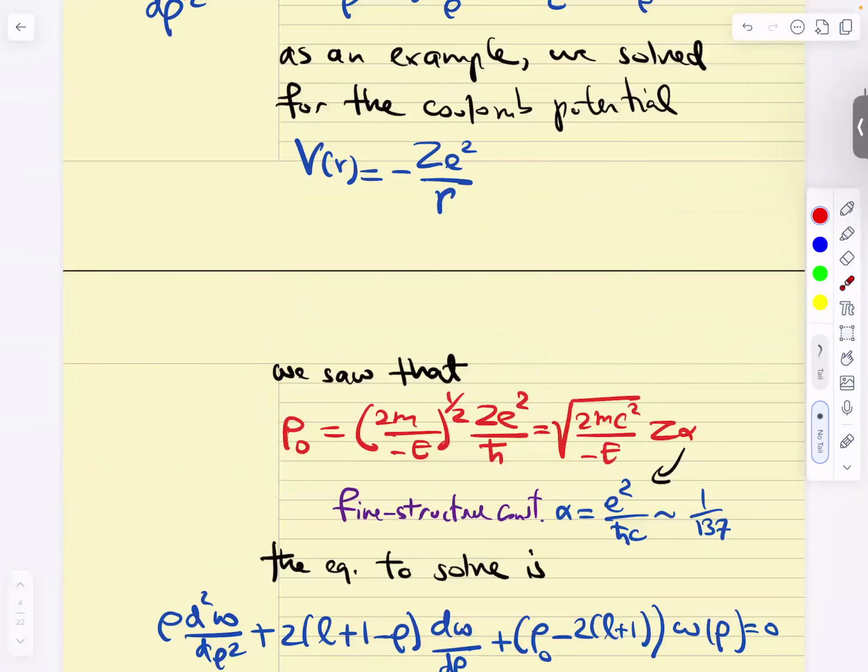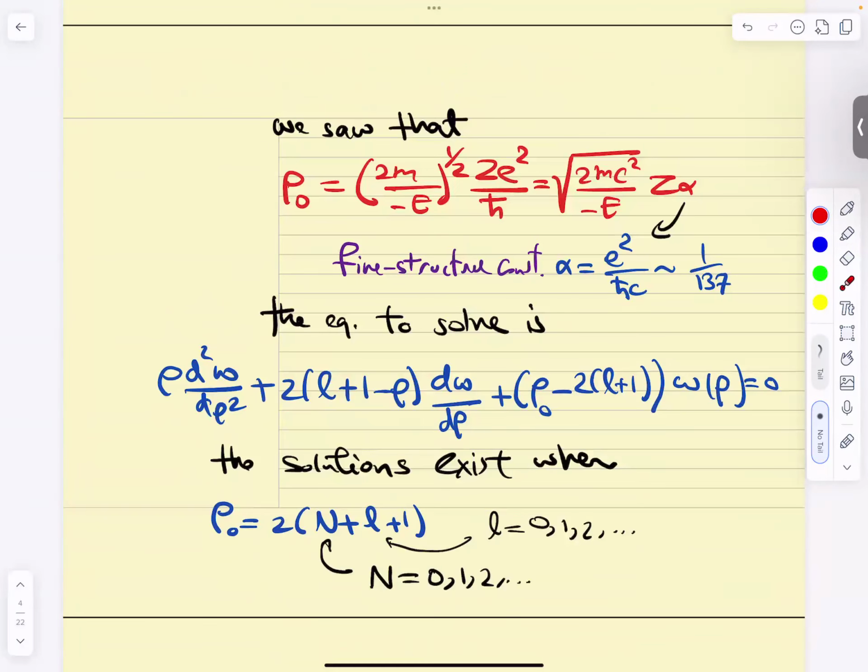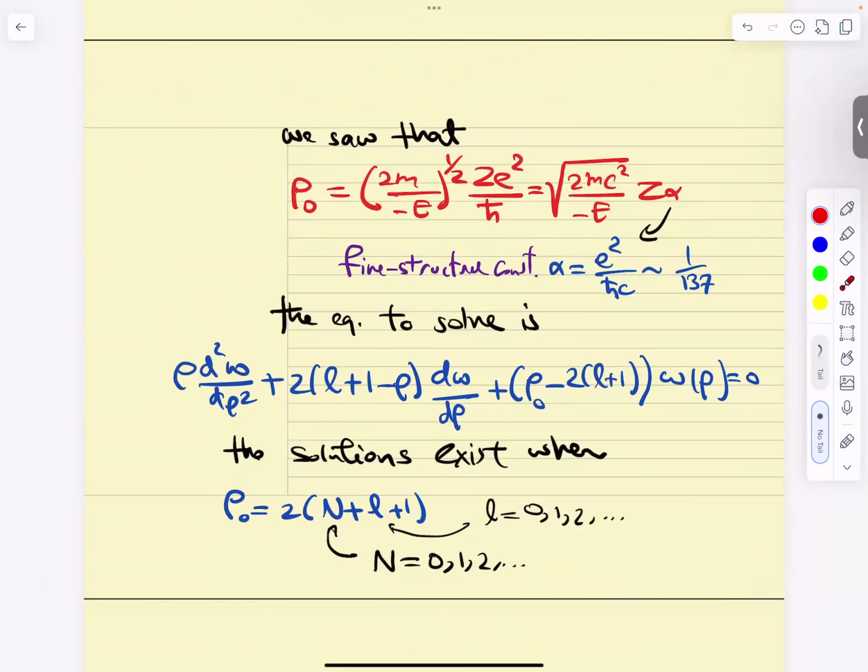All right. So we saw that when we were trying to solve the not hydrogen atom, an electron orbiting the nucleus, there was a number that appears, this rho naught, right? Rho naught is a number, and you can see it in the following way.